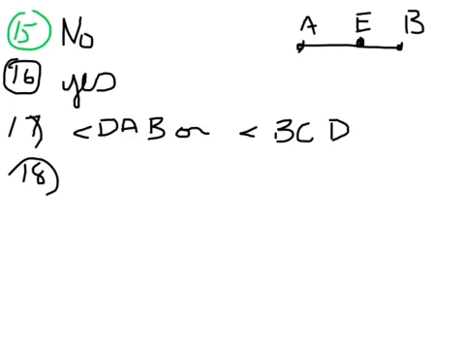Number 18 says, name 3 more angles that are bisected in the folding process. Well, I named 2 here. They only asked for 1, so one of those could count as my 3. But if you look at the square on the right, it looks like angle ACD is bisected. Looks like there was a fold there that cut the half in half.